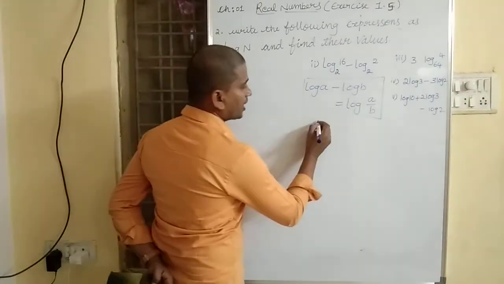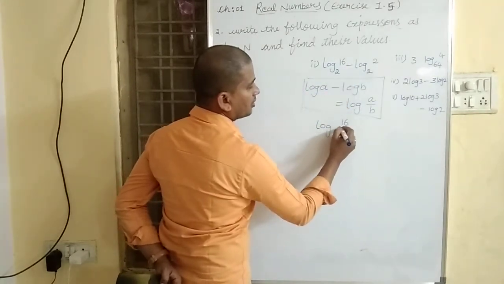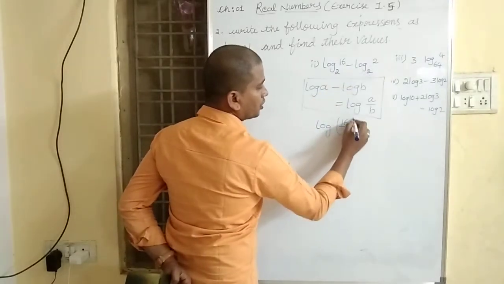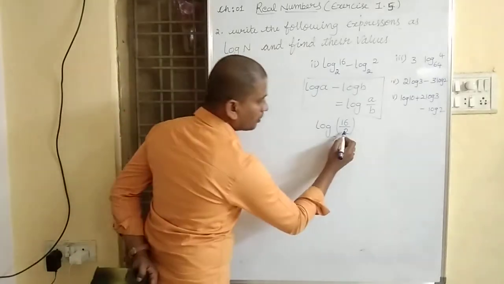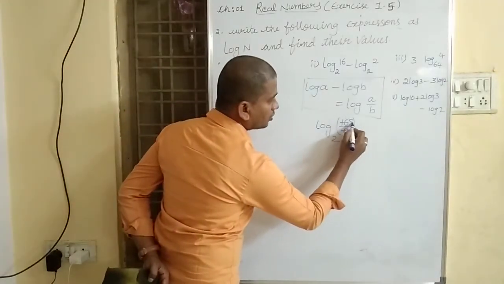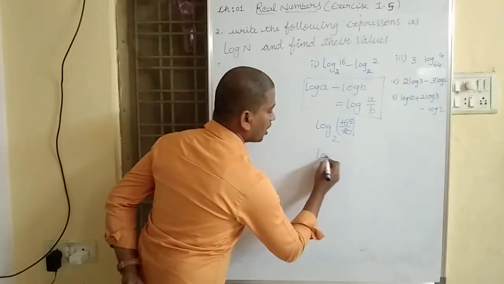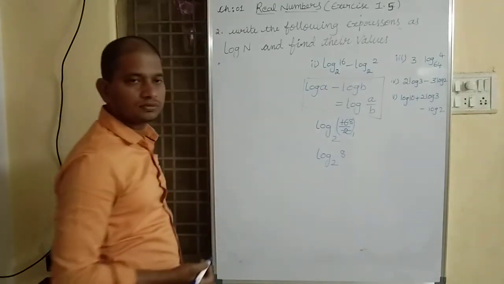So I can write as log, our A value is 16 by B value is 2, to the base 2. 2 eights are 16, so we can write as log 8 to the base 2.